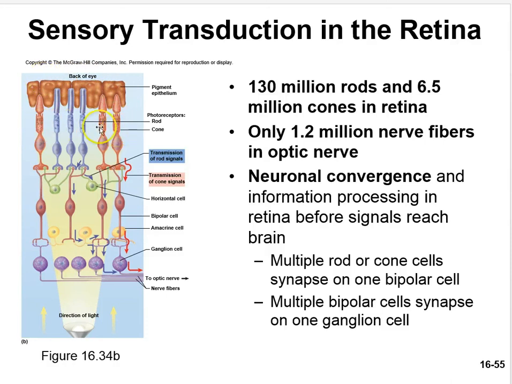Then the rod and cone cells, this is where the light is actually detected. And then that message is sent forward in the eye on these bipolar cells here to the ganglion cells here, which then send the action potential to the optic nerve. There's some other horizontal cells here that help tie it all together.